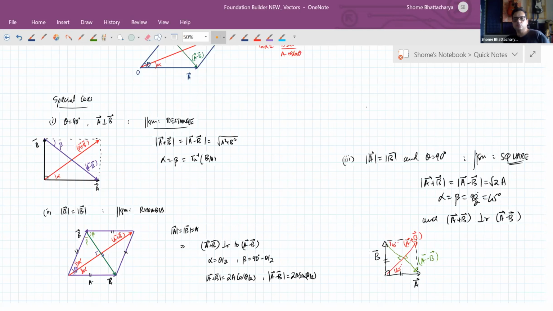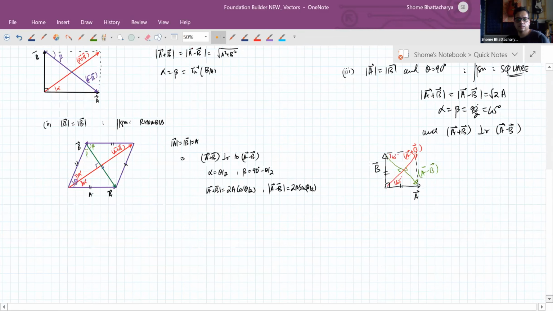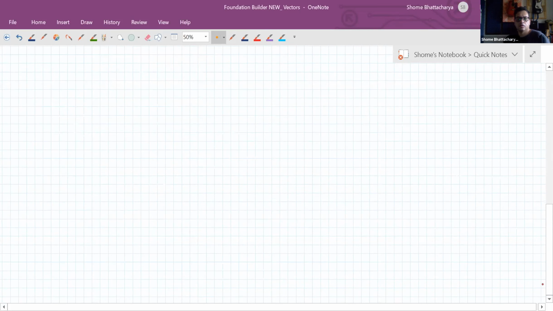Now we have done a couple of questions yesterday and we'll continue with working some questions. But before that, we will see some more usefulness of the parallelogram law, and that is how it helps us understand the inequalities.